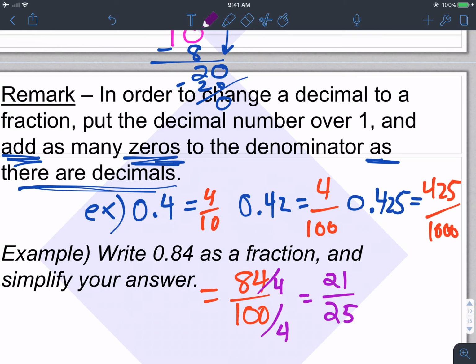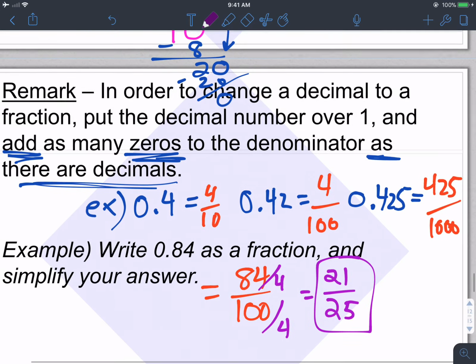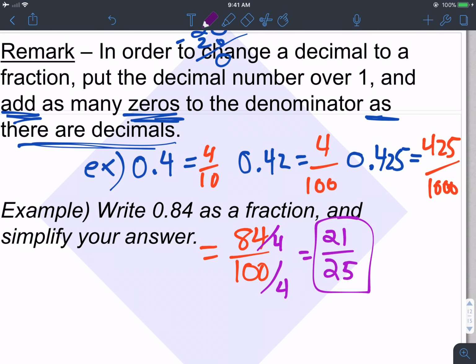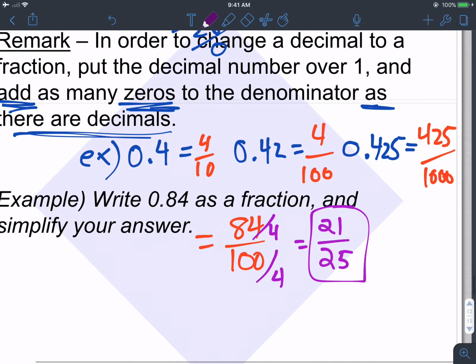Does 7 and 3, 7 times 3? No. So that's it. Okay? Questions?